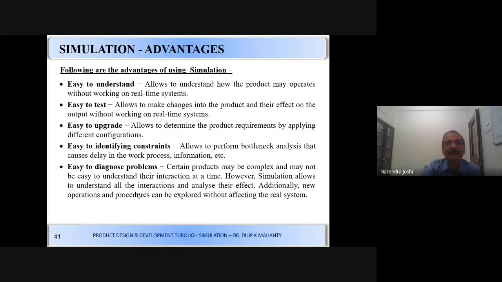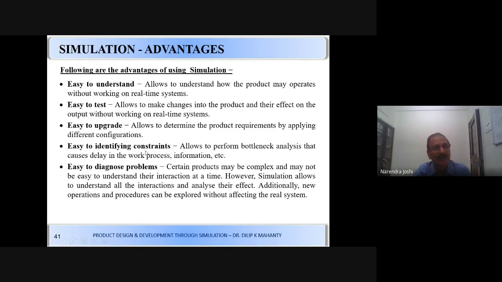Easy to understand, easy to test, easy to upgrade, easy to identify the constraints, easy to diagnose problems. So, in a nutshell, it gives a total arena where the product is going to behave and what kind of probable issues or problems we're going to face in the future.